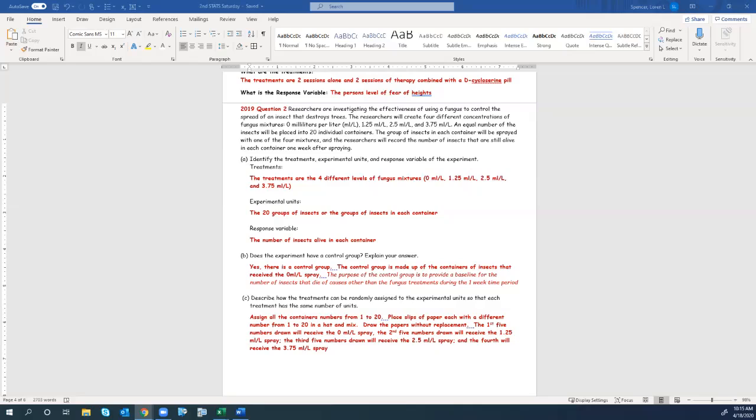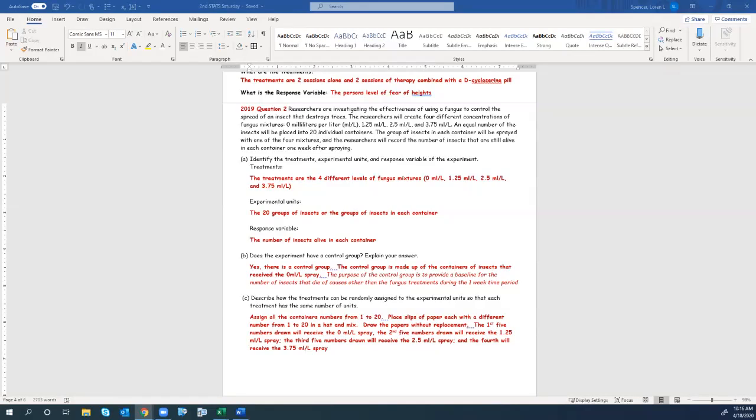So you need to say the number of insects alive in each container, or the number of insects alive in each group, something along those lines. Was that kind of your understanding of that one as well? Yes, because if you just say the number of insects alive, you're kind of grouping them all back together. And that's not how the treatment was given. It was given to different groups.